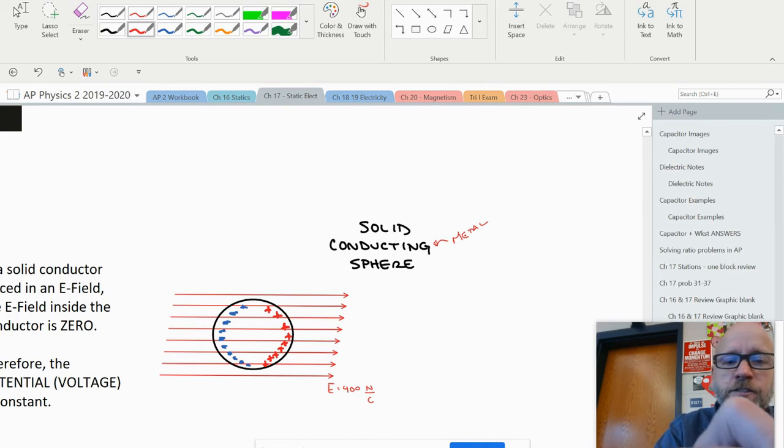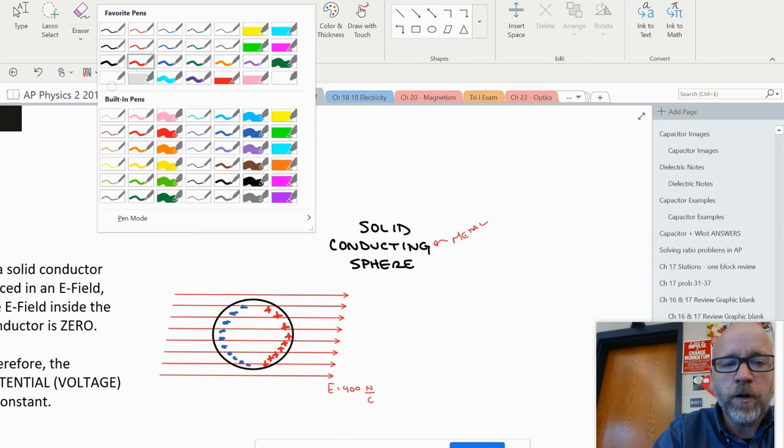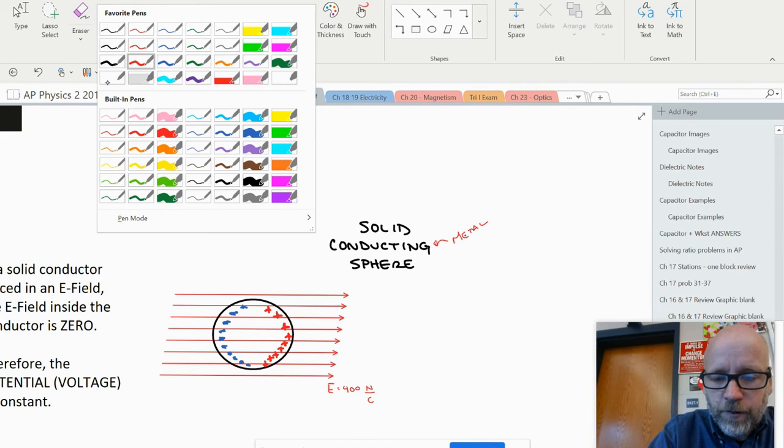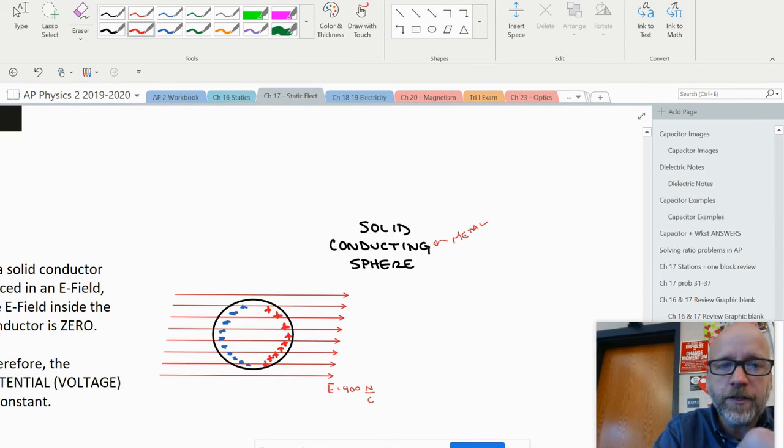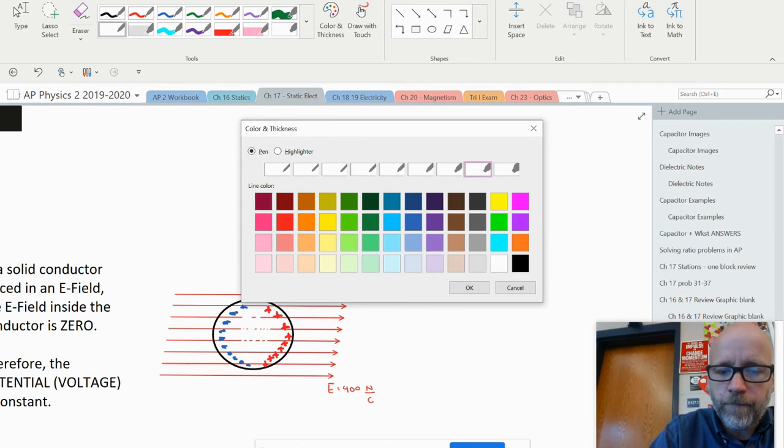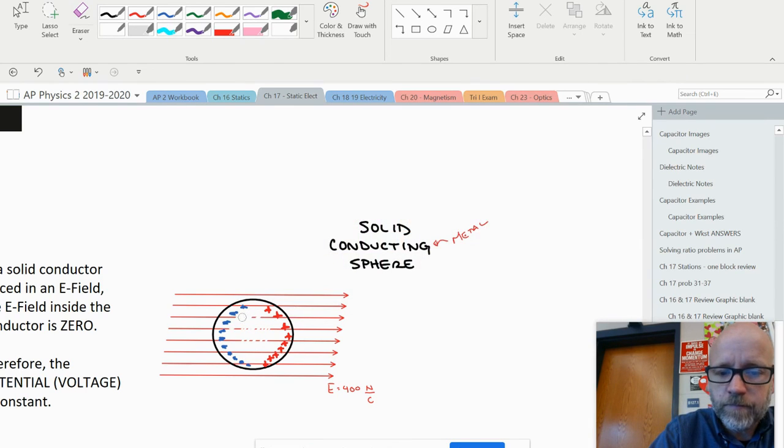And because of that charge separation, the electric field that's caused inside the conductor will be exactly opposite the electric field from outside the conductor, and they cancel out. So inside, the electric field goes to zero.